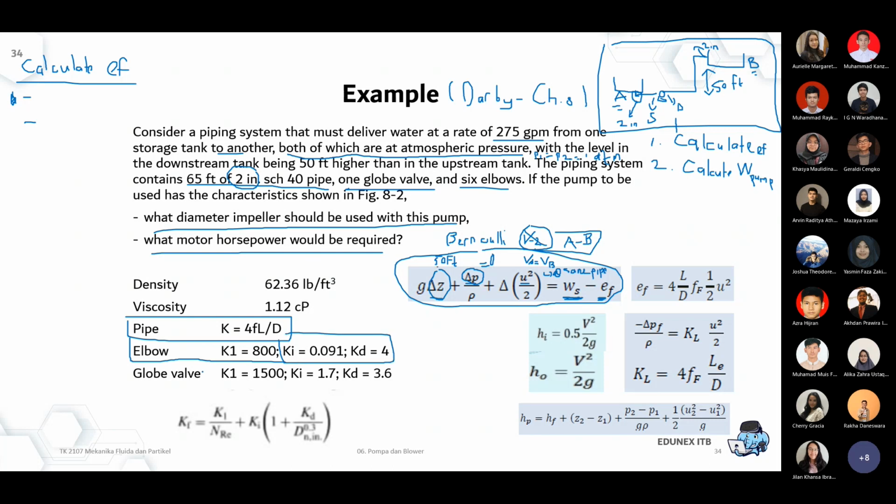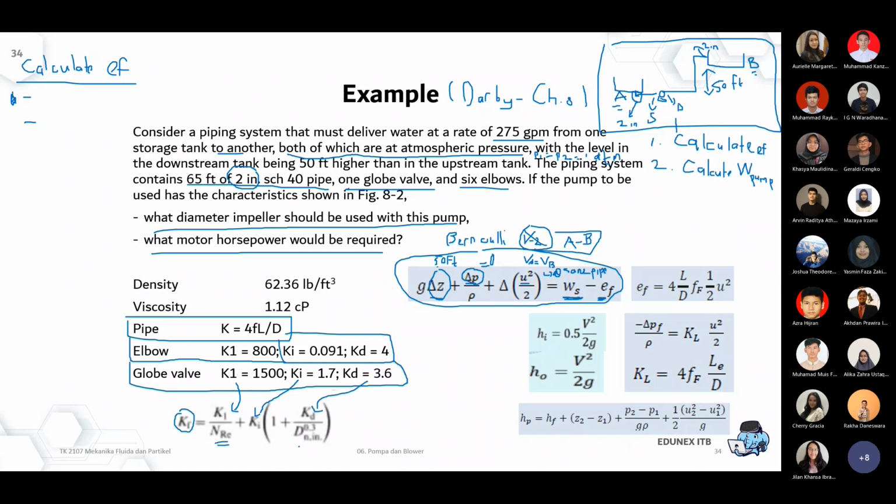For every globe valve, you will face some restriction, where the K1 will be equal to 1500 or the KD is equal to 3.6. So for the fitting, it was given in Darby that the fitting resistance can be calculated. That's your K1, that's your KD.